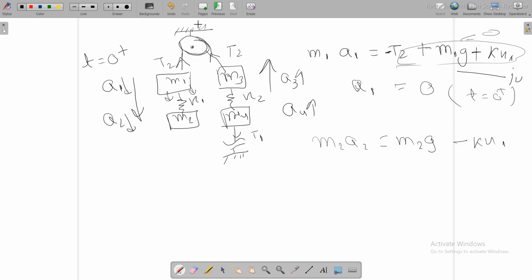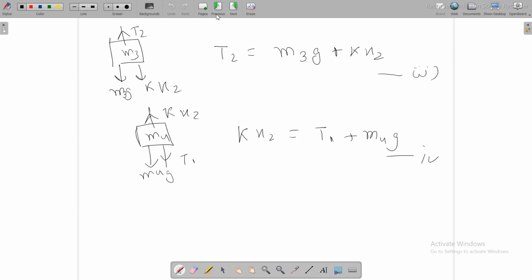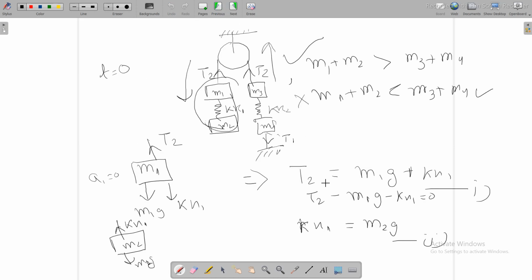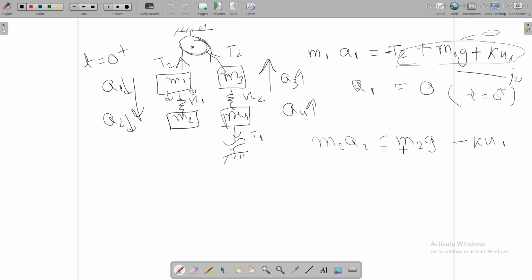Therefore, if we look at the previous equation where kx1 is equal to m2g, the acceleration a2 is also equal to 0.